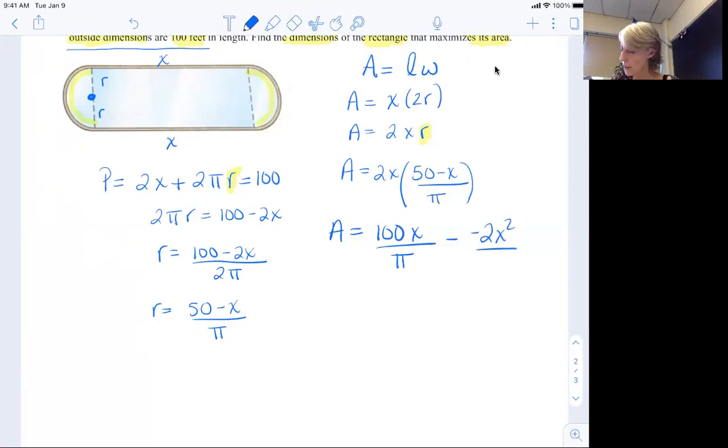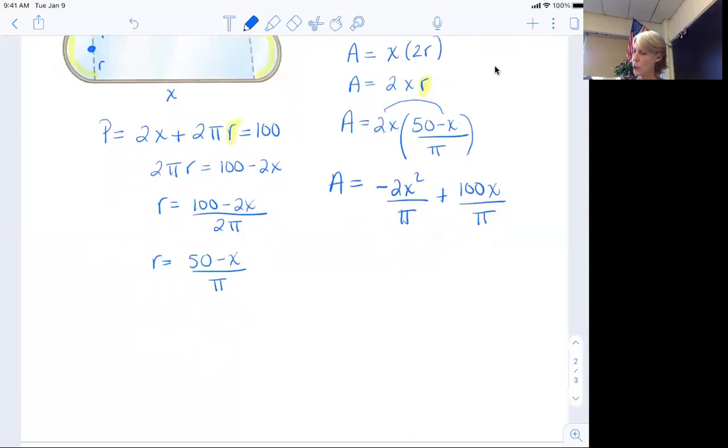No, take that back. I want to go in standard form right away. I'm so sorry, guys. So I have negative 2x squared over pi plus 100x over pi. That's much better.